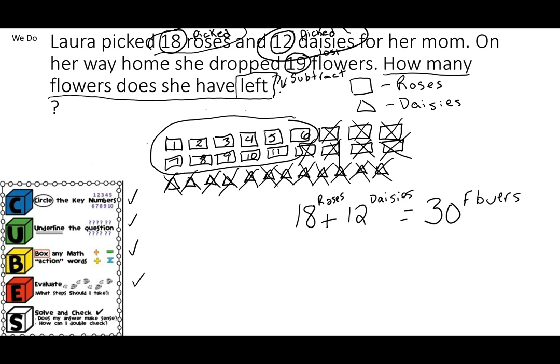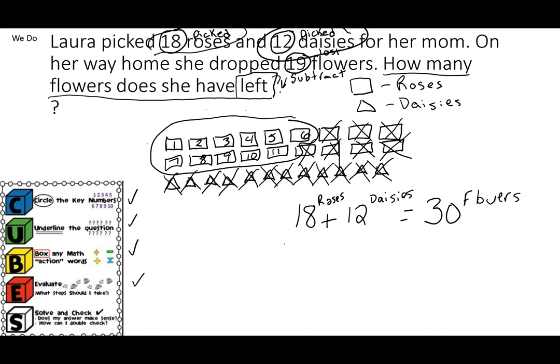Out of those 30 flowers, she dropped 19 on the way home. How do we show dropping 19? If we're going to drop 19 flowers, is our number going to get bigger or smaller? Great job. Our number is going to get smaller.